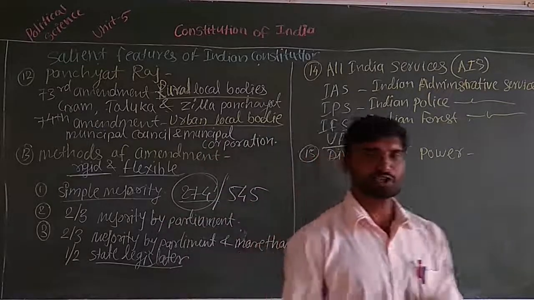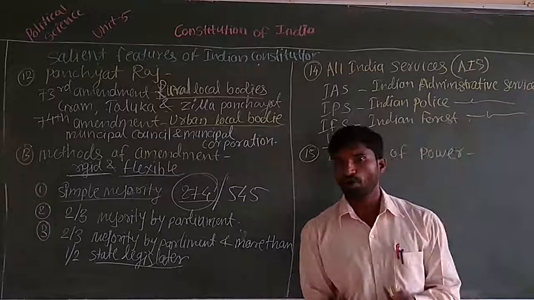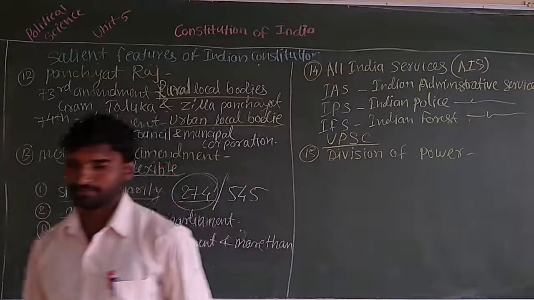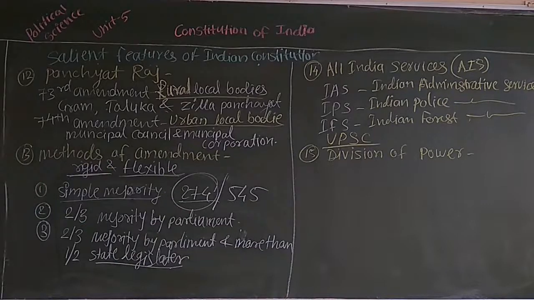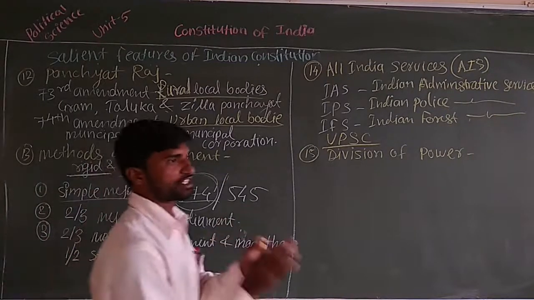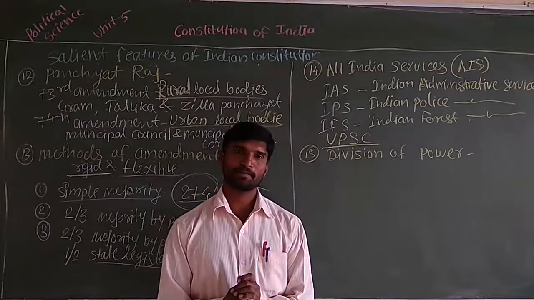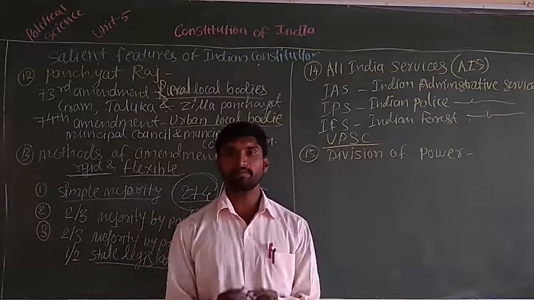But these legislatures are going to enact the laws, on which subject will they enact? What subject comes to the central government and what subject comes to the state government? And is there any subject which will be common for the central government and state government? Do you have any idea?